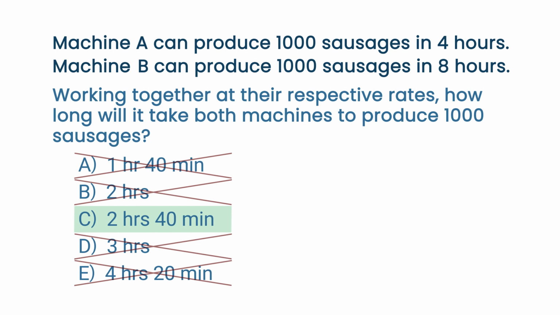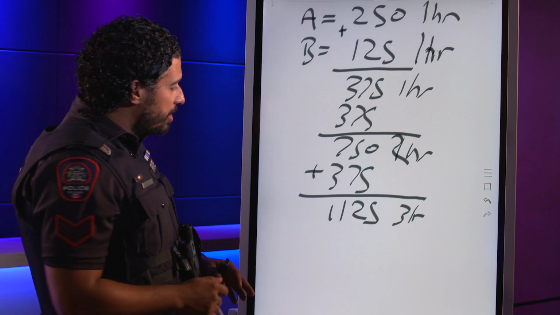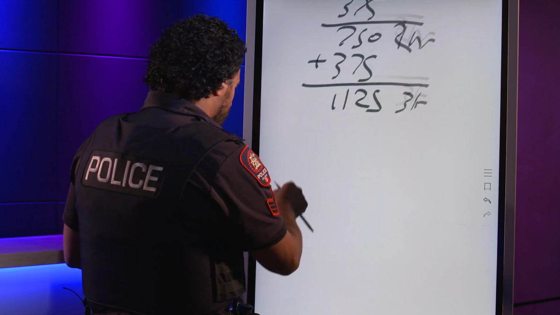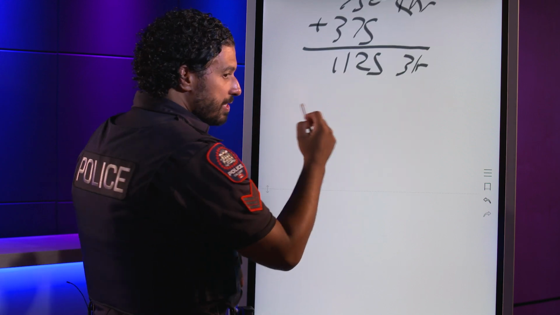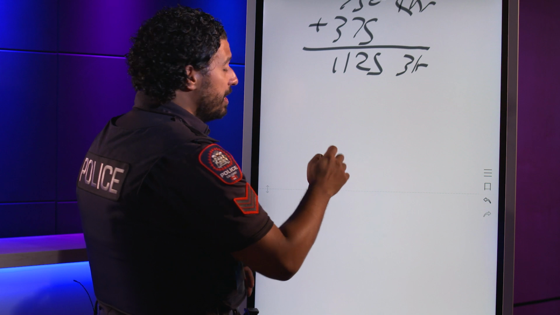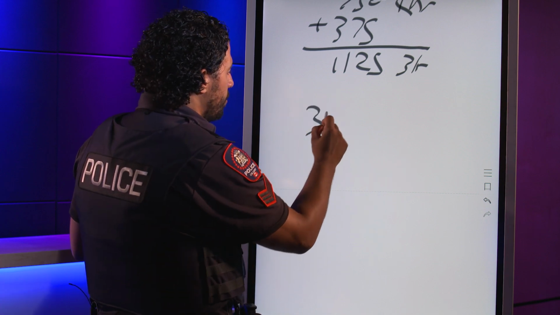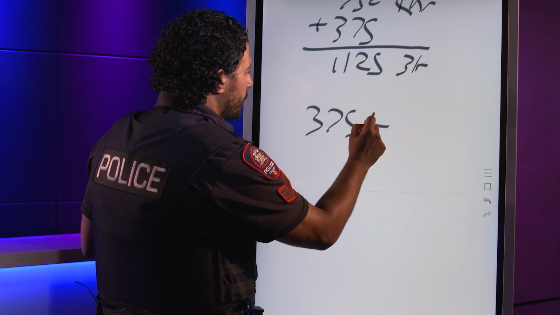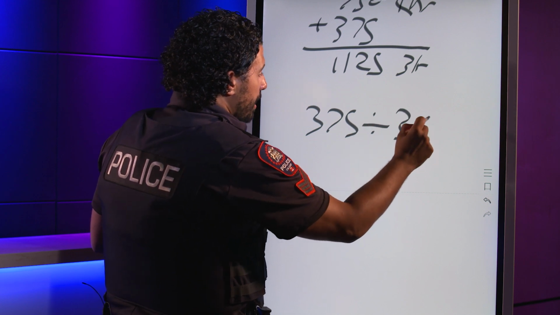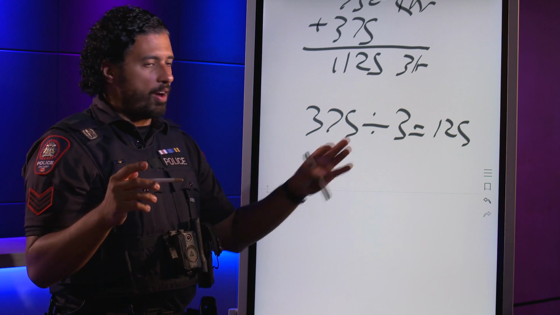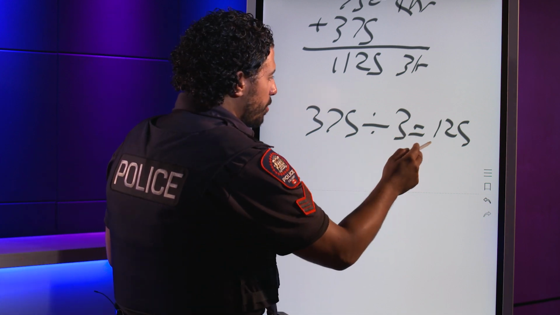We know now at this point that C is the correct answer, but if I really wanted to break it down more and understand how I get that 40 minutes, what I would do is take 1 hour, which has 60 minutes, and divide that by 3, giving 20-minute blocks. So then I would divide my 375 by 3, and that would give me 125. So every 20 minutes, we have 125 sausages produced.